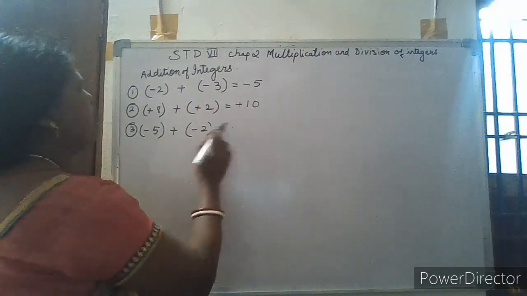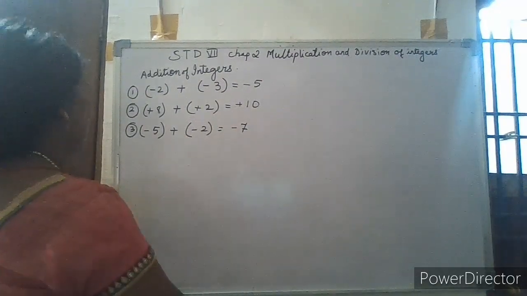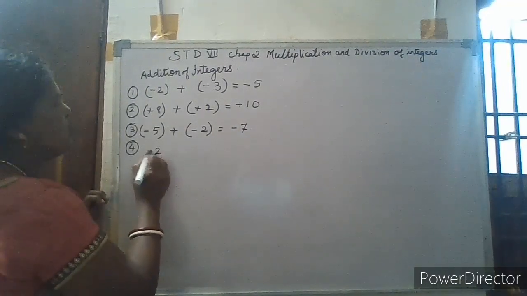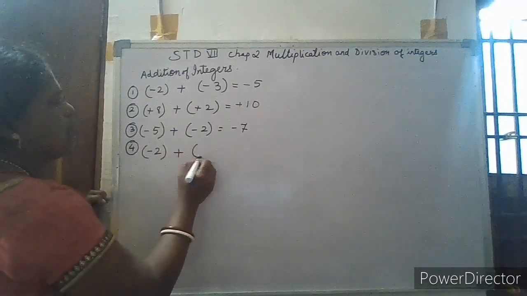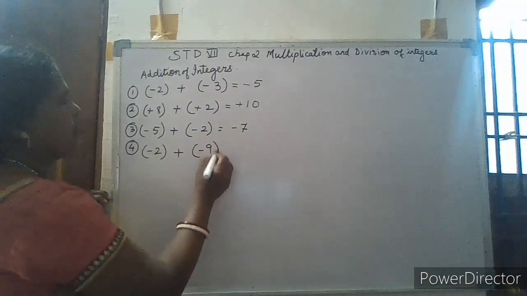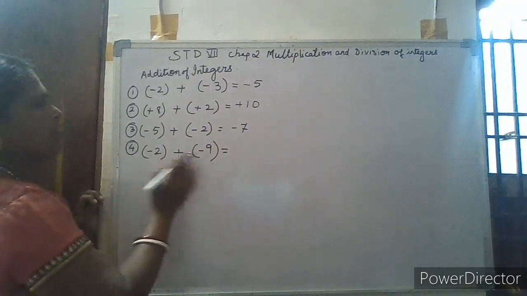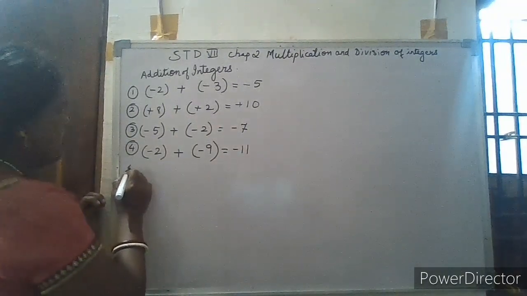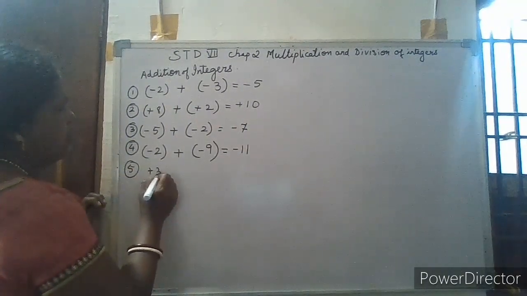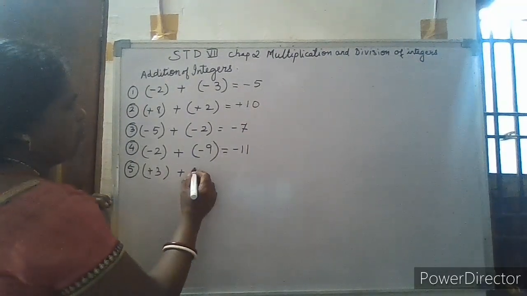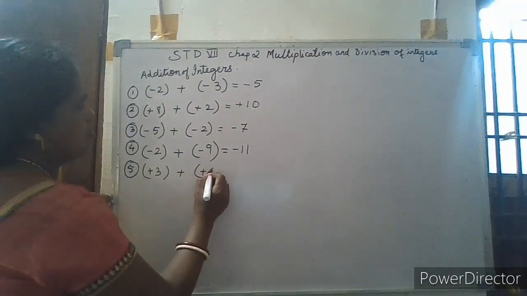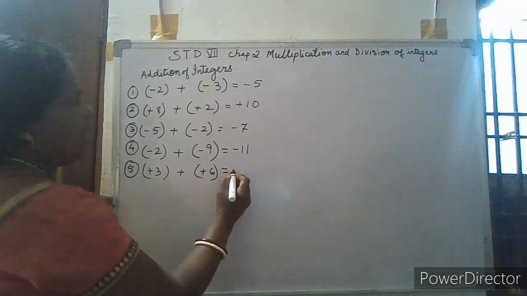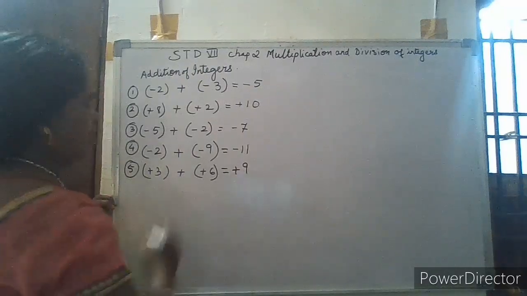So it will be -7. Fourth example, -2 plus -9. Both the numbers have same sign. Add and put the same sign. Next, +3 plus 6. Here also both the numbers have same sign. Add and put the same sign.